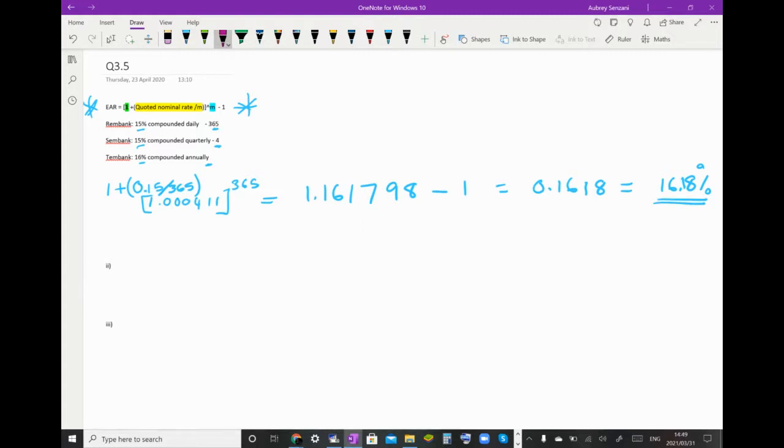Okay, let me use a different color. For the second one, we do the same thing. Let's do this. Create plenty of space. So here we then say 1 plus 0.15 again, right? But this time divided by 4. Okay, and what do we get?